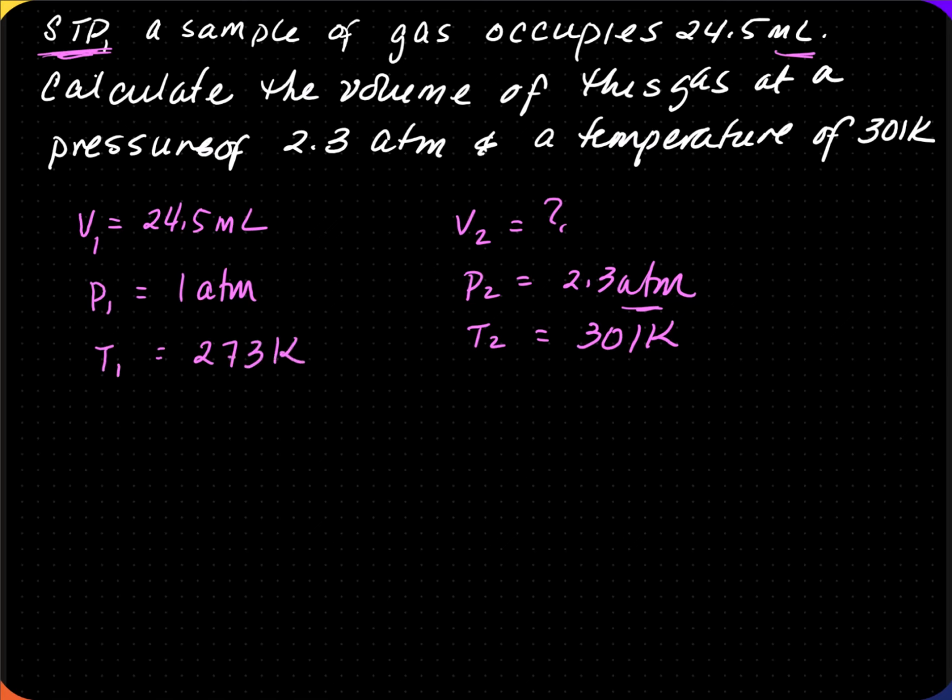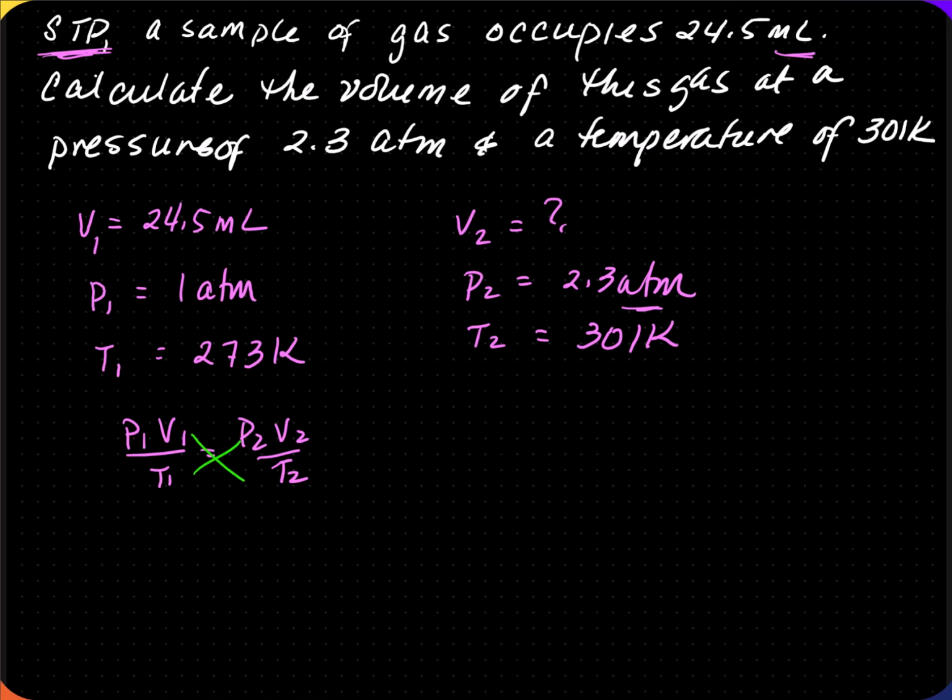So the only formula with two V's, two P's, two T's is the combined gas law. So this is going to be P1V1 over T1 equals P2V2 over T2. If you're struggling with math, identify the variables and then solve for the variable that you are looking for. So we're going to cross multiply.